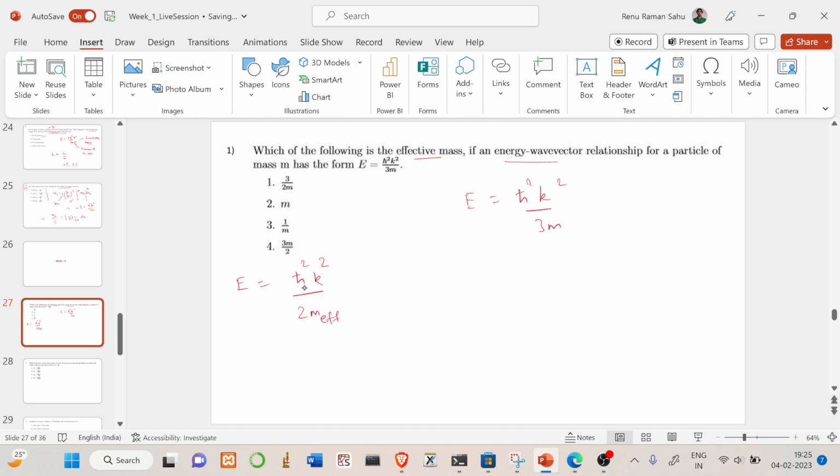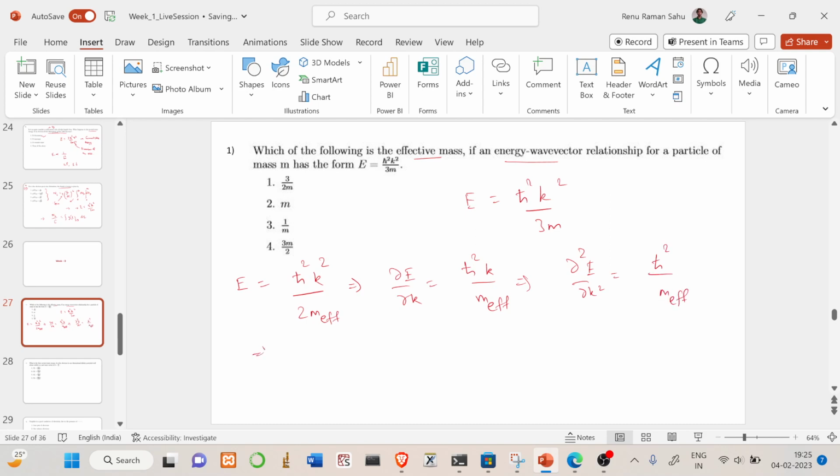This is the general dispersion relation. If we take the first derivative, ∂E/∂k equals ħ²k over m effective, and if we do the double derivative, ∂²E/∂k² is equal to ħ² over m effective.